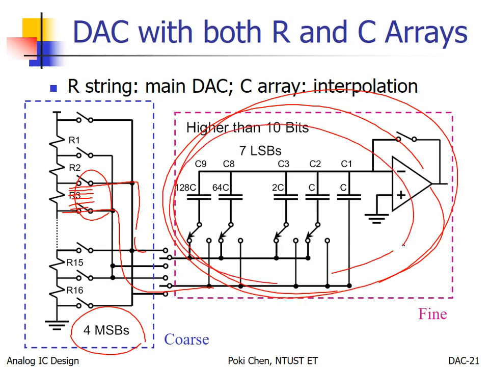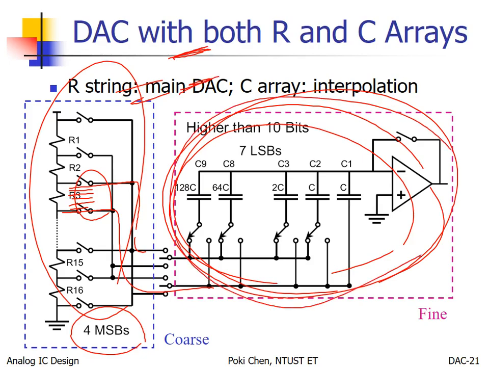Right now we have 16. You select 2 out of all those: the maximum and the minimum, for the next stage to do further voltage division. That is the fine structure.